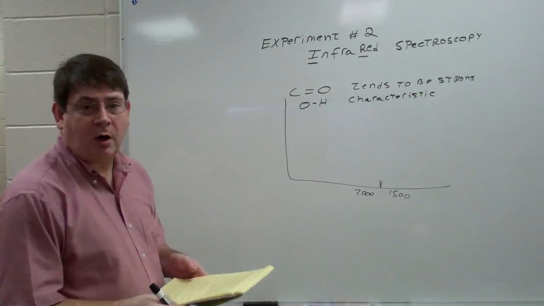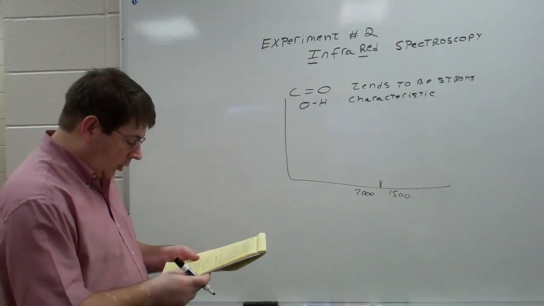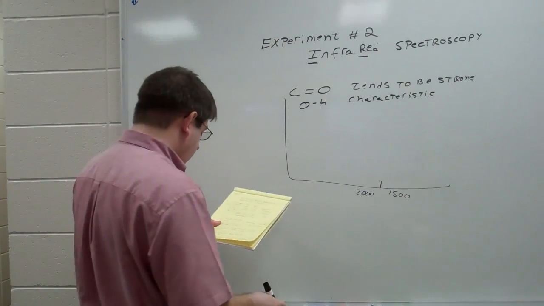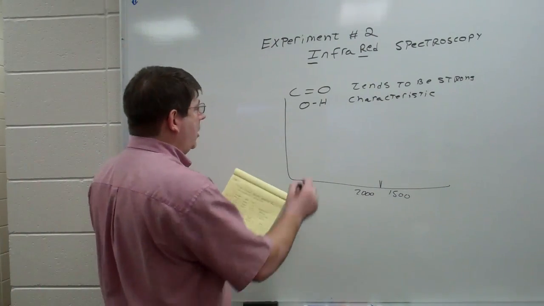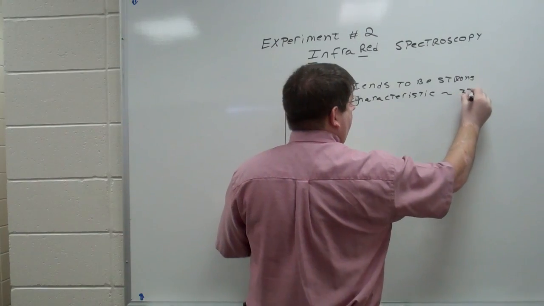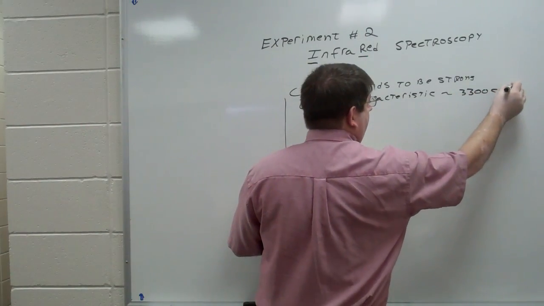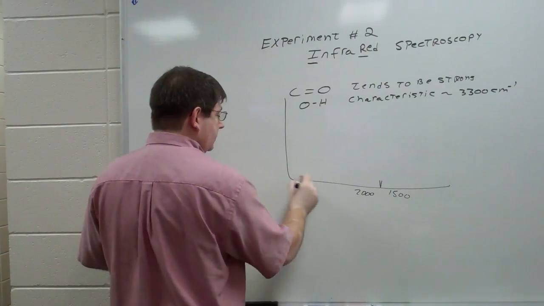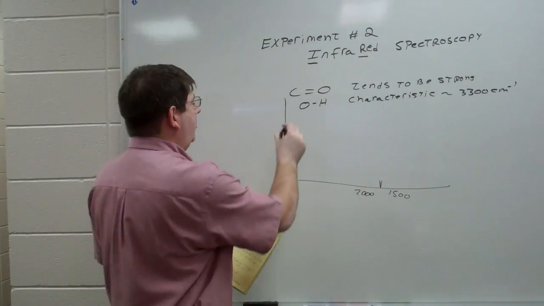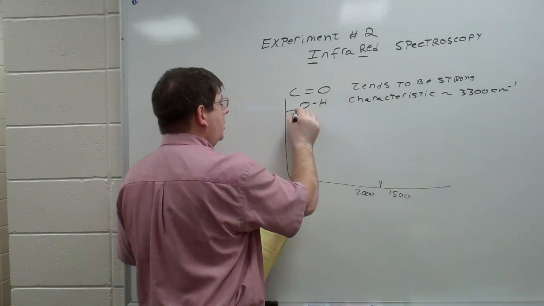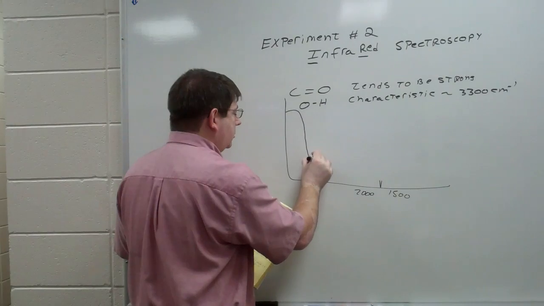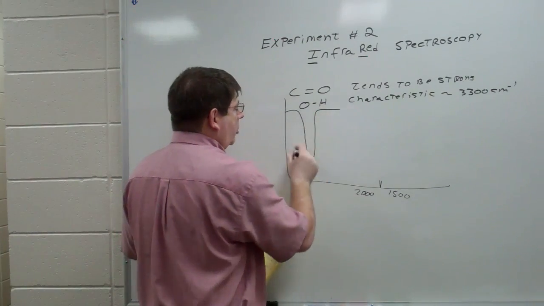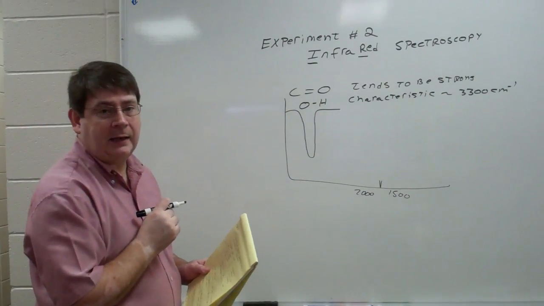OH stretches are also quite characteristic for alcohols and for carboxylic acids. The OH stretch for an alcohol is going to be around 3,300 wave numbers, so it's going to be over in this region. Okay? But for an alcohol, it's going to appear as broad and strong. It's going to appear symmetrical. It's going to appear something like that.